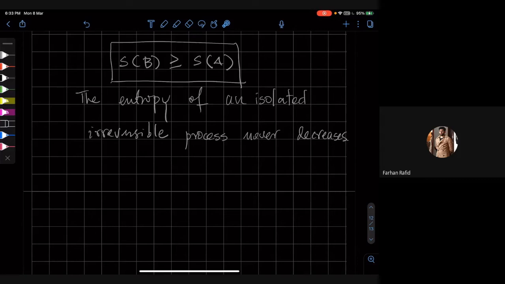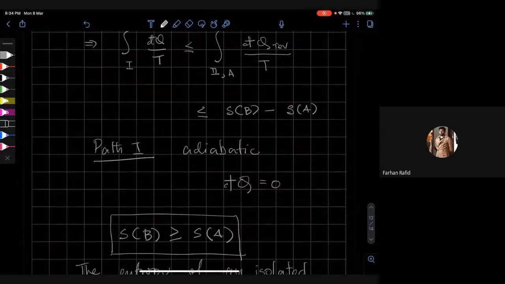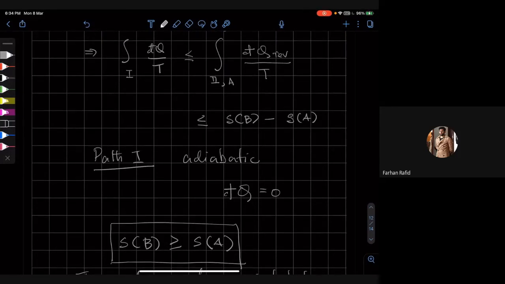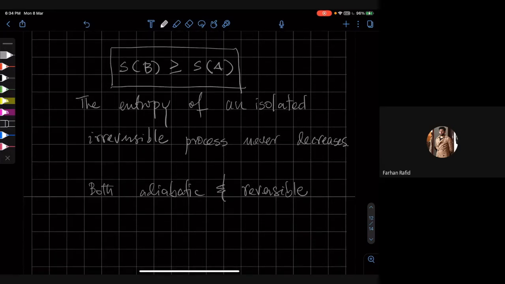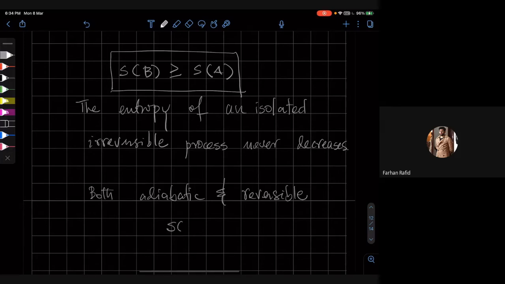So if that is the case, then, right. So if both paths are adiabatic, sorry, that's what I... If path number 1 is both adiabatic and reversible, then the integral should be 0, I guess.